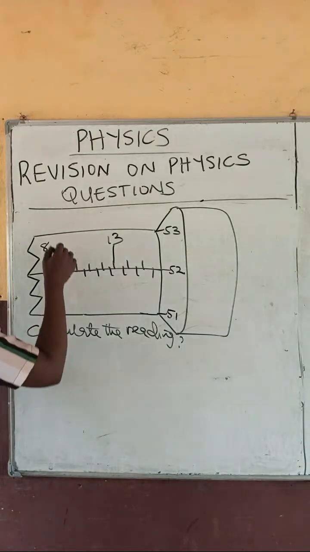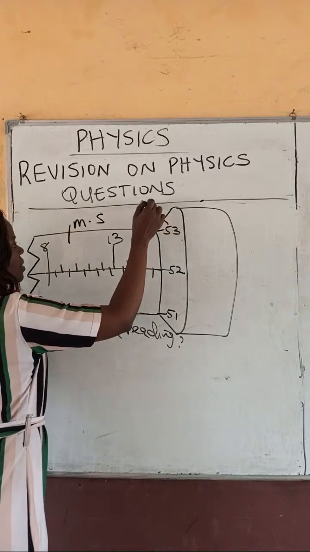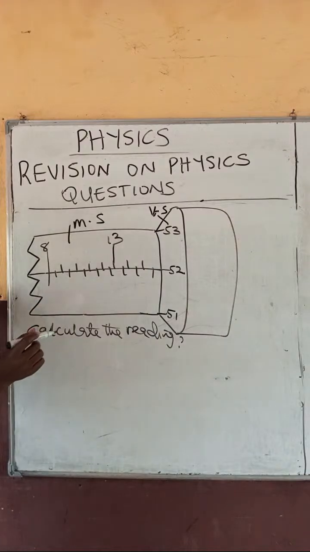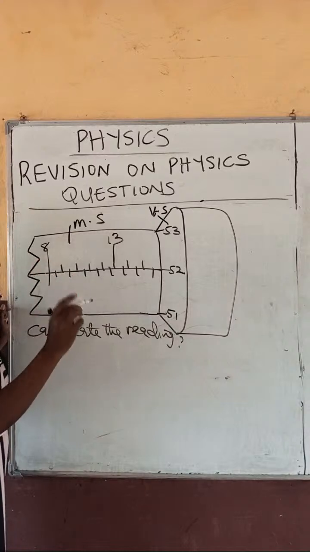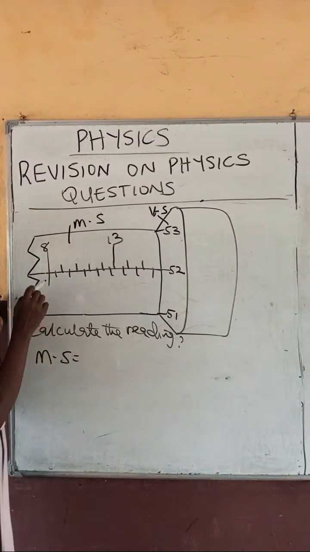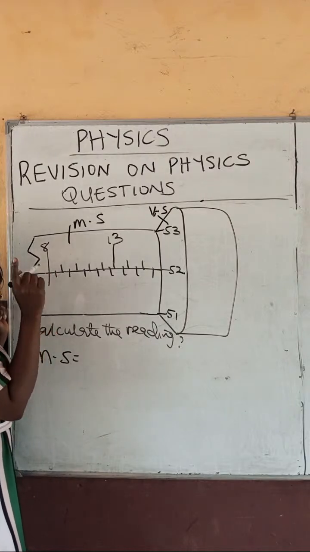All right. This is main scale. This is Vernier scale, okay? Now, this main scale, I'm going to read up to this point. Whatever I have becomes the reading. I will say main scale, right? This is 8, and I told you if we have any line in between, it becomes 0.5.